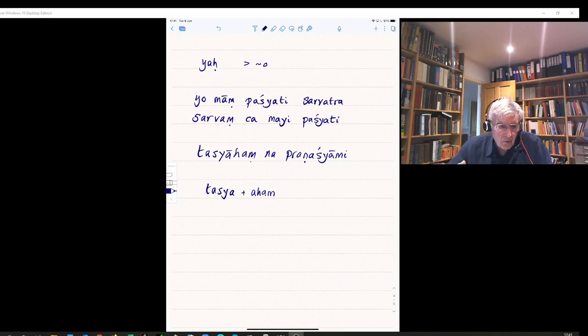Na pranashyami, I will not perish, I will not be lost. Tasya, to him, is in fact a genitive. Whereas in English we say I will not be lost for him, or to him, Sanskrit uses the idiomatic form I will not be lost of him. So tasyaham na pranashyami, I will not be lost for him.